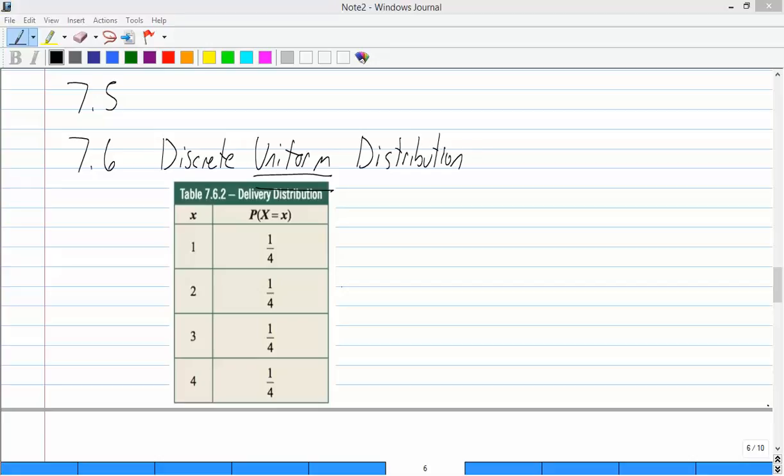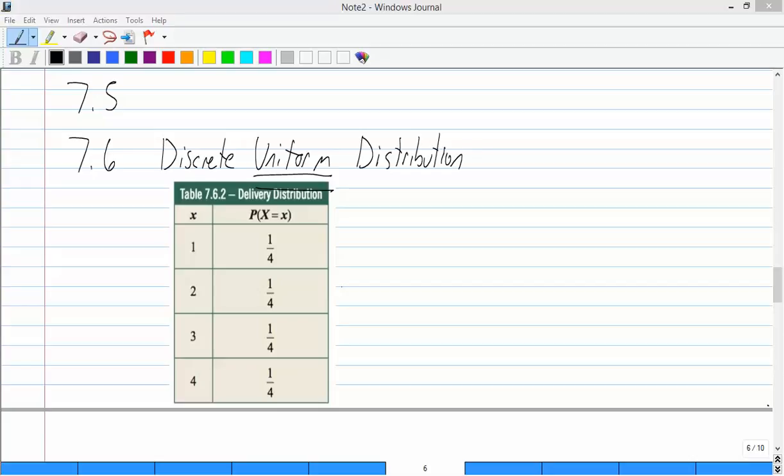So maybe you can think of other instances. I guess going back to the roulette wheel, the probability is the same for every slot. It's just random. So you could make up a discrete uniform distribution.